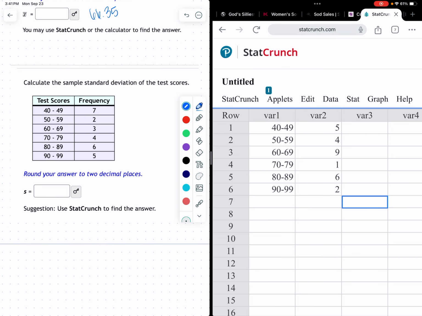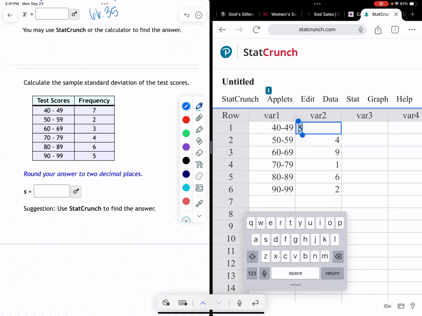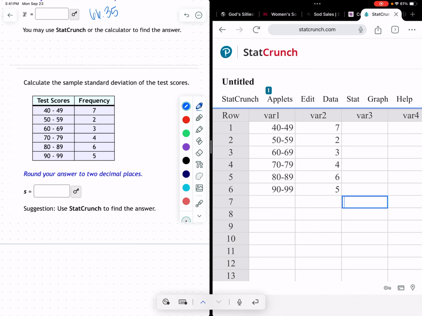So the last question that really seemed to cause some problems was the standard deviation of the test scores. Thankfully, the classes are the same. I just need to change my frequencies. Okay.